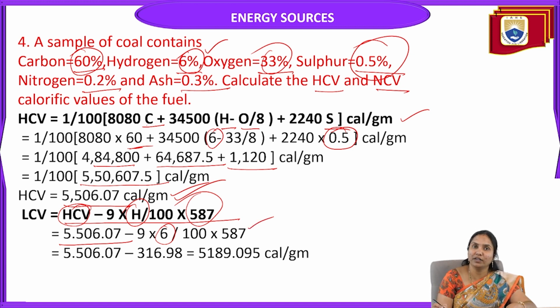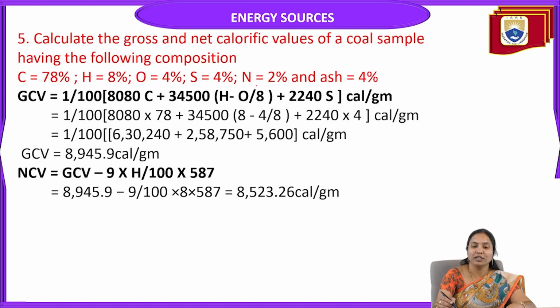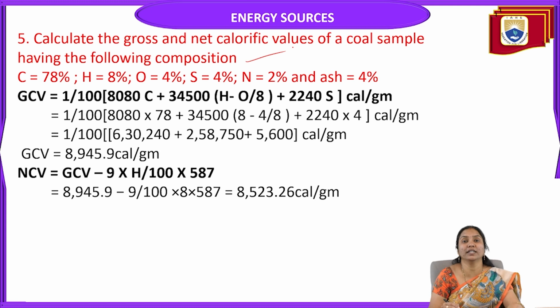After multiplication, we get 5,506.07 minus 316.98. After subtraction, we finally get the lower calorific value of the fuel as 5,189.095 calorie per gram.